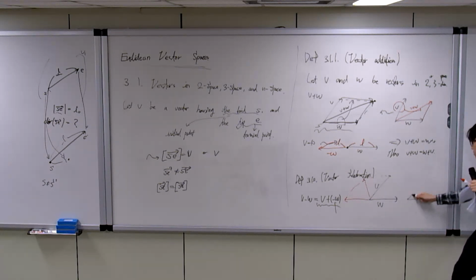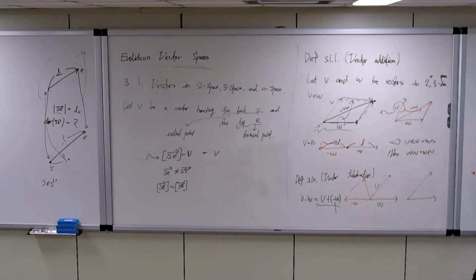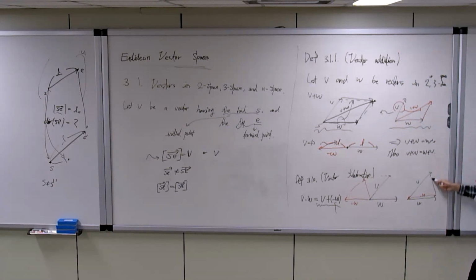Like if you translate the minus w vector to this point, then minus w vector will be this form, and if you consider the second definition of addition, then the v minus w vector will be equal to this vector.